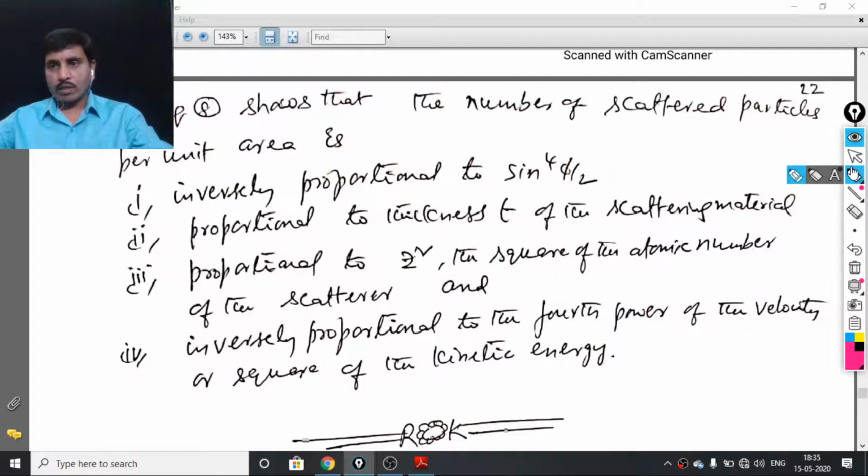In this way, we can derive the Rutherford scattering cross section and Rutherford scattering formula. This derivation is somewhat difficult, so you have to study carefully and practice a number of times, then only you can remember this question.